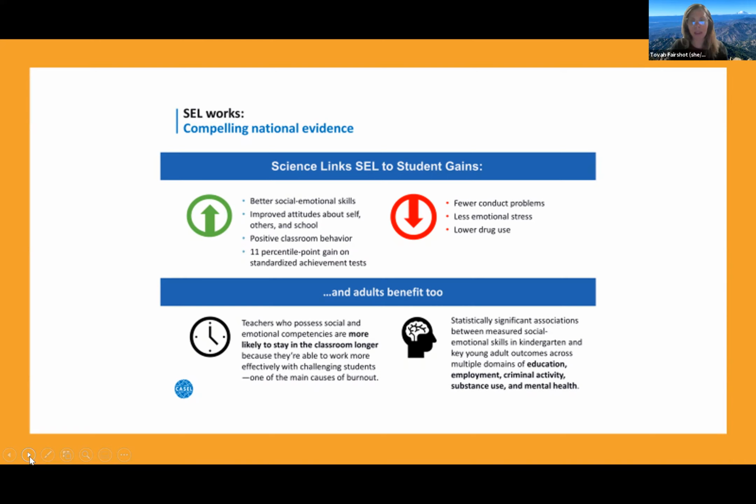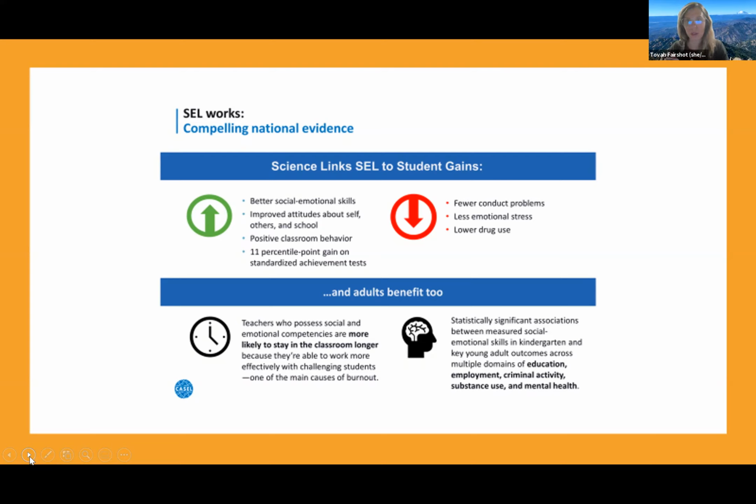Now, a study that has been conducted over 18 plus years is actually showing that youth starting in preschool who engaged in social and emotional learning curriculum saw significant associations between their social and emotional learning skills from kindergarten into their young adulthood outcomes.